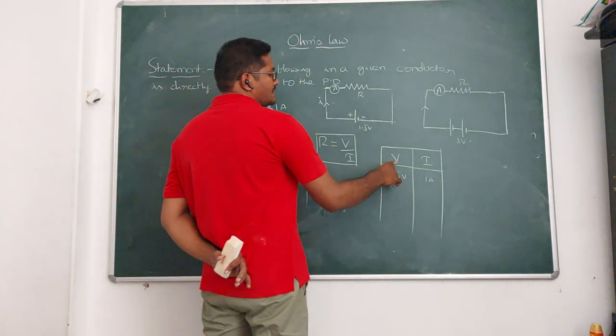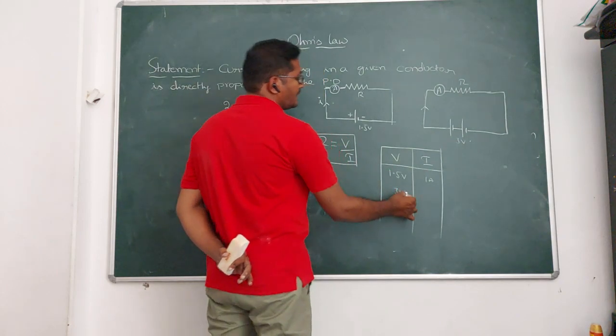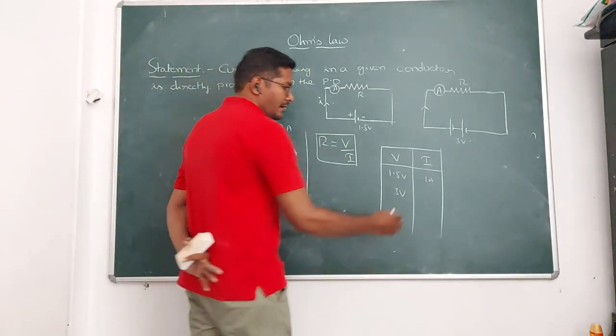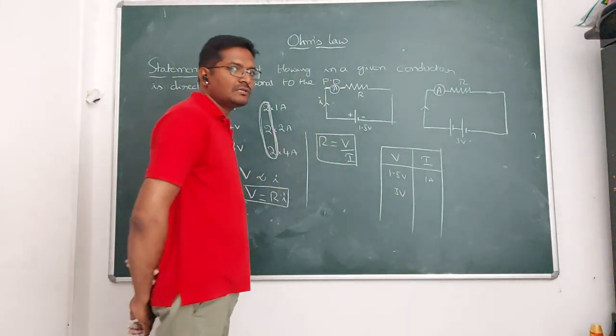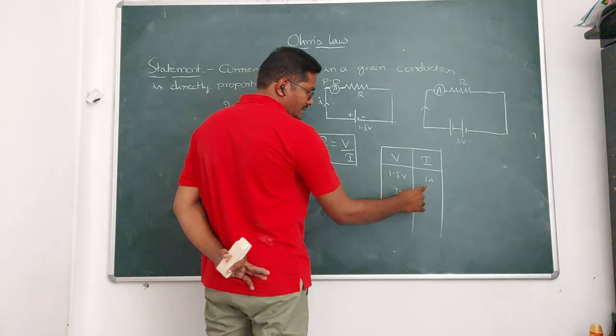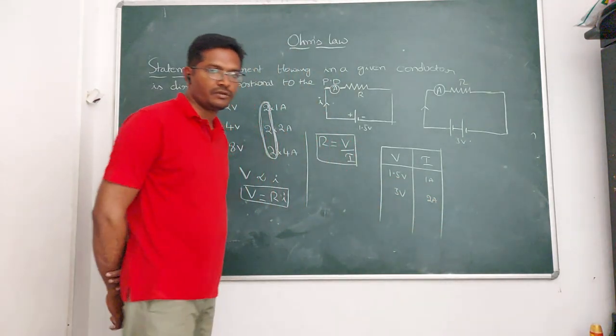When the voltage is increased from 1.5 to 3 volts, that is, the potential difference increases, then what is the current here? You can write the values. As the voltage is increased 2 times, the current also increases 2 times. Proportionately it is going to increase.